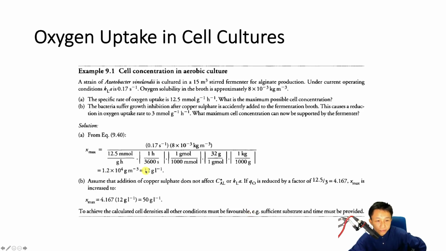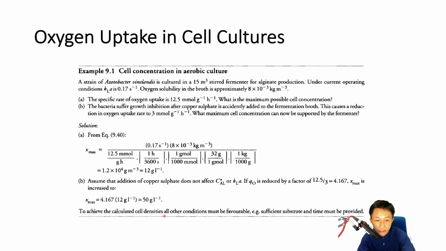Again, this is your cell concentration. You just use this equation and put it in, and then change the unit. And again, if you reduce from this one to this one, then the maximum cell concentration is a bit lower than the first one.